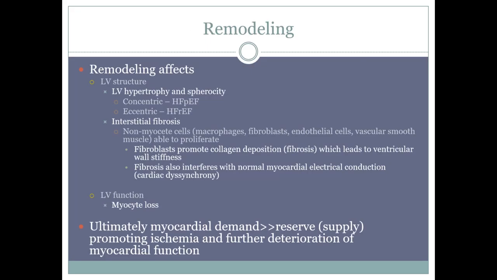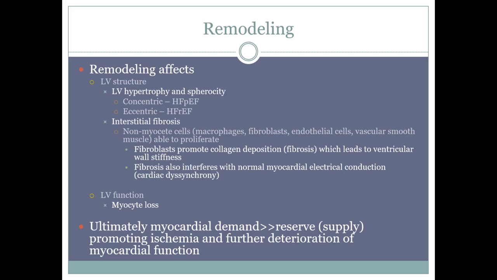The more long-term effects, all of that is good initially. It's trying to preserve heart function and cardiac output. But over time, what happens is the left ventricle begins to change structure. A lot of it due to interstitial fibrosis, for example. We'll talk about the types of remodeling on the next slide.